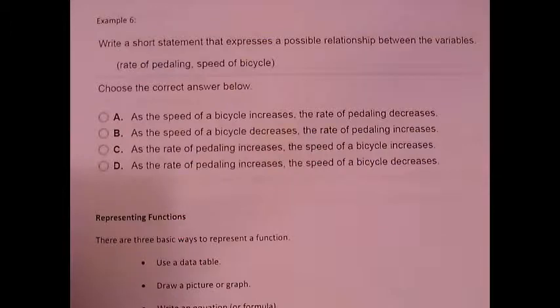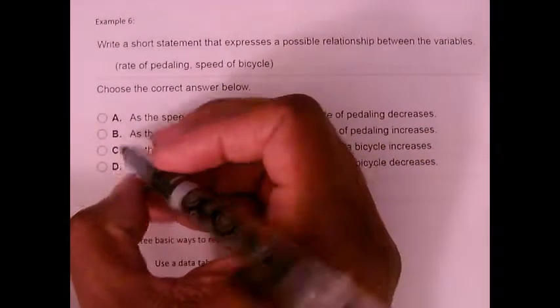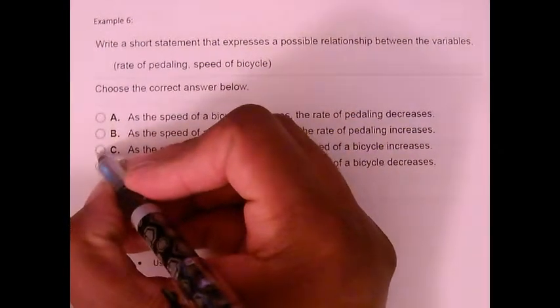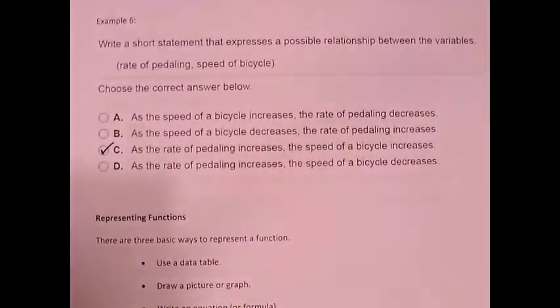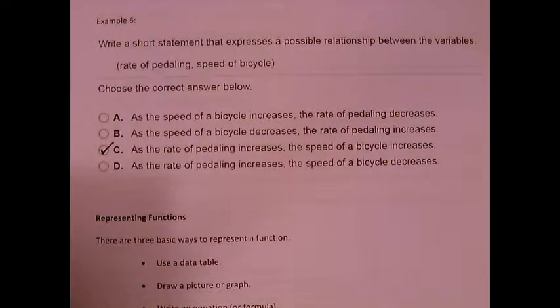Well, if we increase our rate of pedaling, then the speed of that bicycle is going to increase as well. So here I'm going to pick this answer choice: as the rate of pedaling increases, the speed of the bicycle increases.